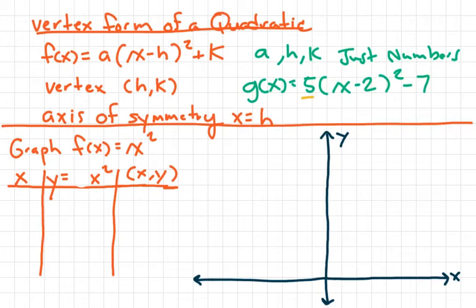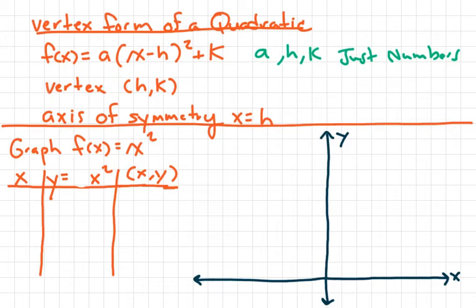Where a is 5, h is 2, and k is negative 7. All right? To make it very generalized, they just had to put numbers in there, so they did. All right? These numbers, though, have some meaning.